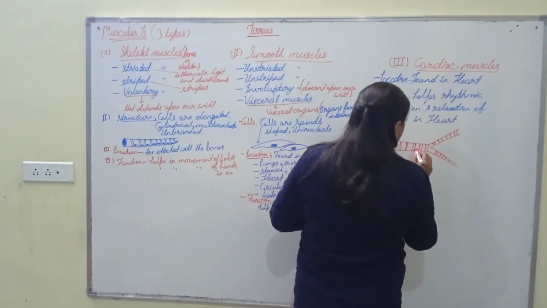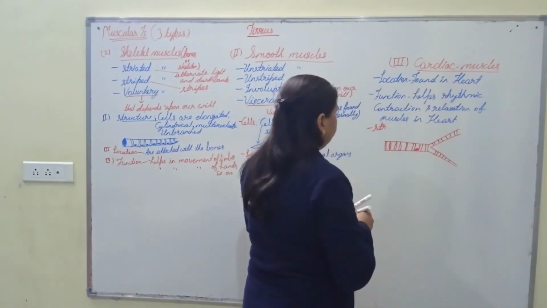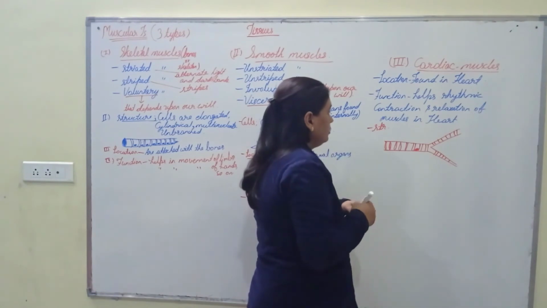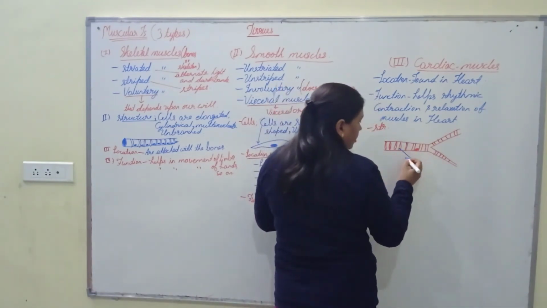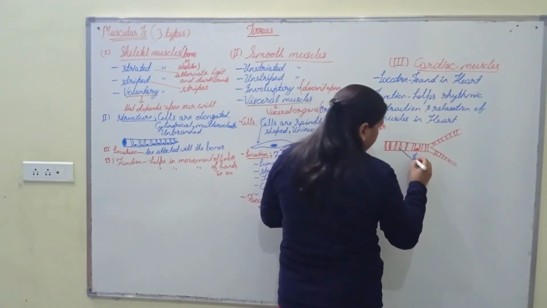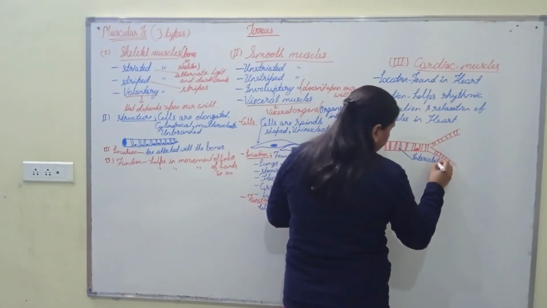These are uninucleate and have ring-like structures. These ring-like structures are called intercalated discs.